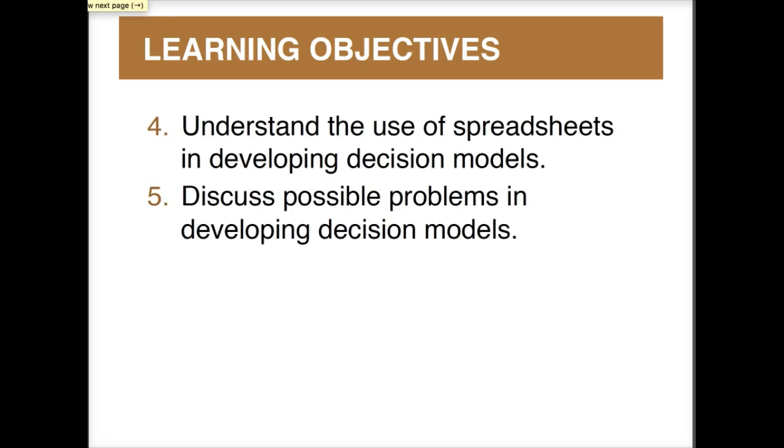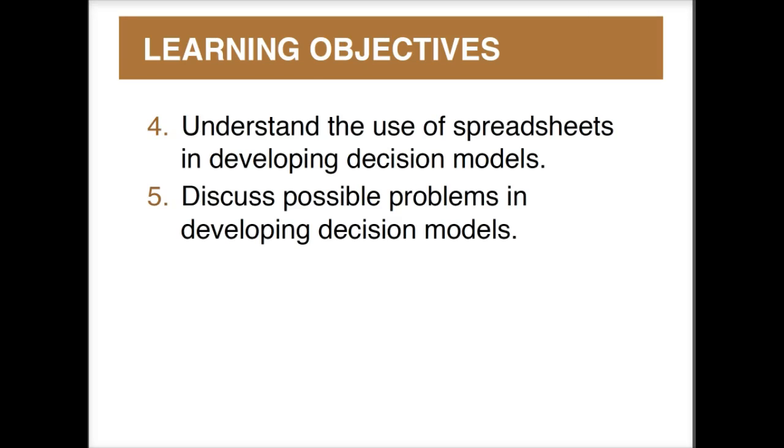Afterwards, we want to understand the basics of using spreadsheets to help us in the decision modeling process. And finally, we want to discuss some possible problems or issues as you develop decision models. And so this may be in an investor setting, business setting, or maybe a personal setting if it's having to do with your family or some type of organization that's involved with your family.